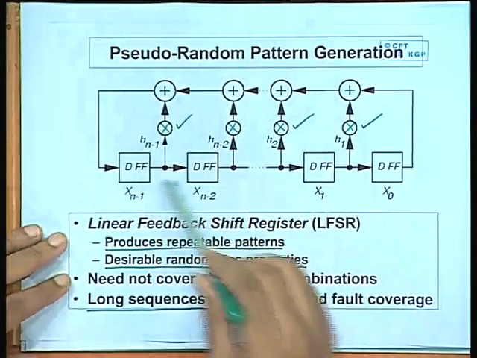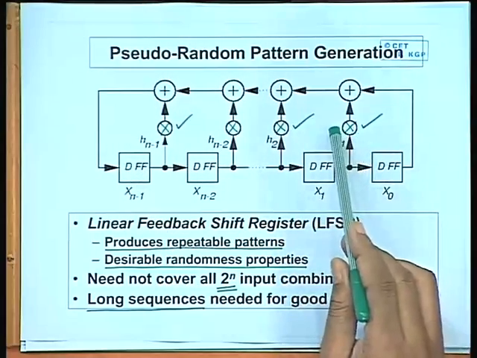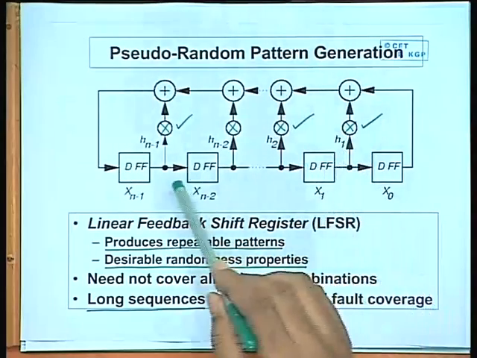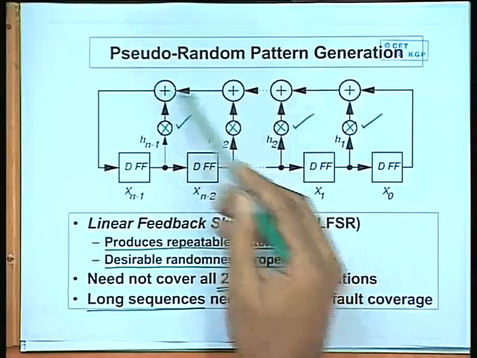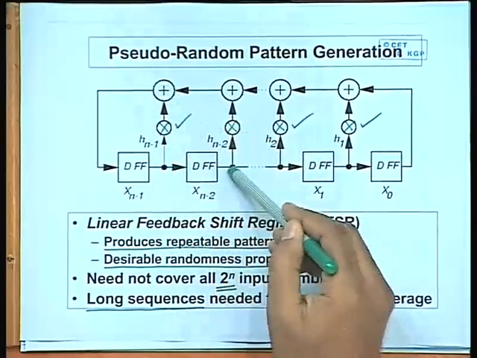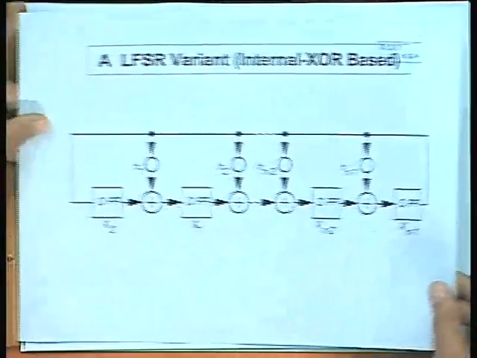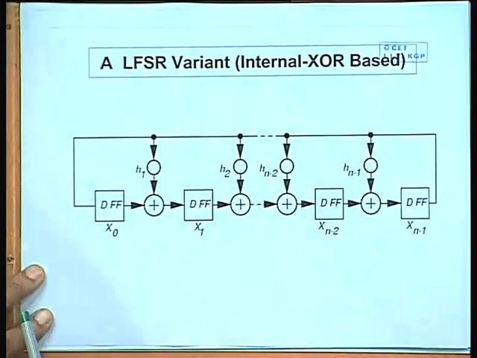Now, there are other variants of LFSR also. This is one way in which an LFSR can be constructed, and another kind of LFSR configuration is where the XOR gates, instead of lying outside like this, are inside the shift register like this. This is called internal XOR based.